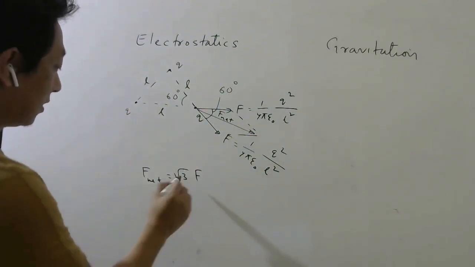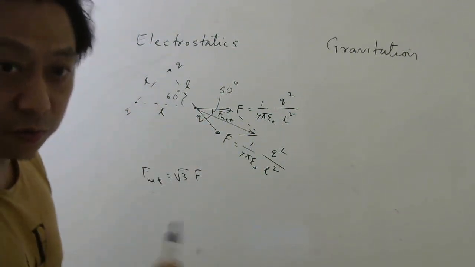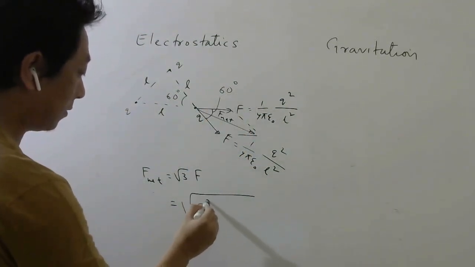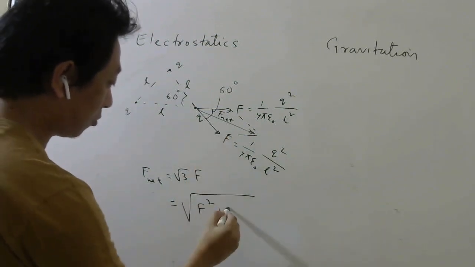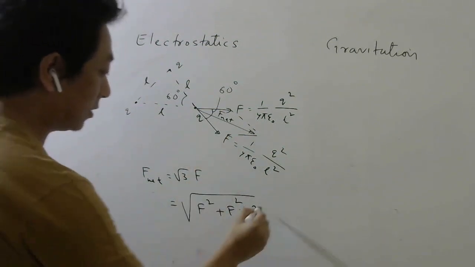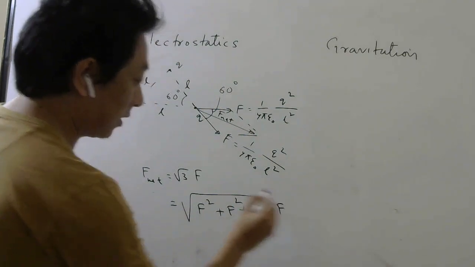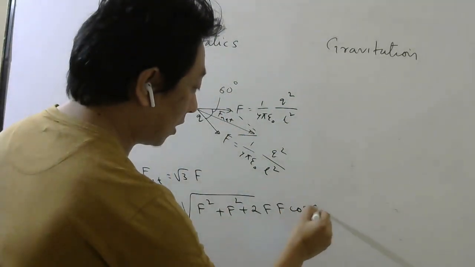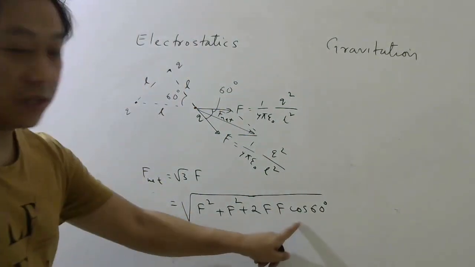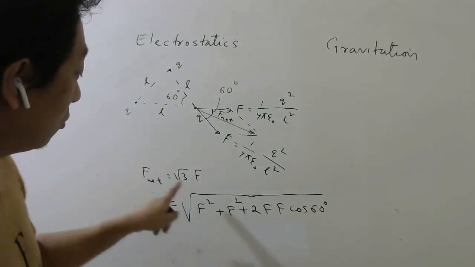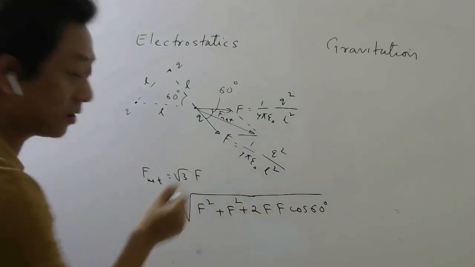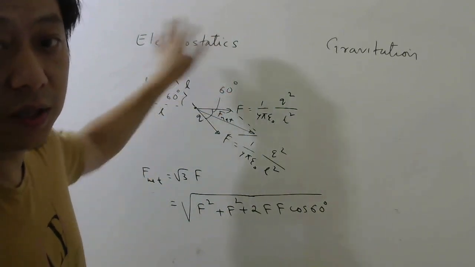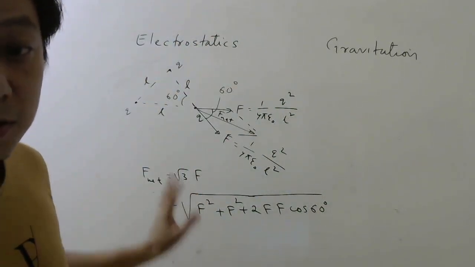If the angle is 60 degrees, you know the formula for the resultant of two vectors: root over first vector magnitude square plus second vector magnitude square, plus twice the magnitude of the first vector, magnitude of the second vector, cos of the angle between the two vectors which you are adding. Cos 60 is half. 2 and 2 will cancel, so root 3 F. Then you put this F here.